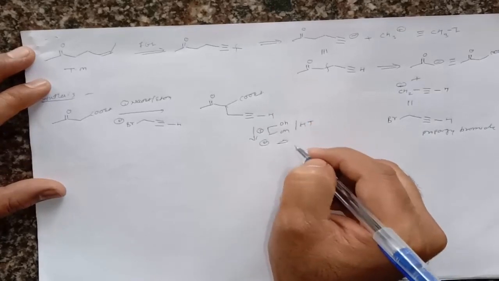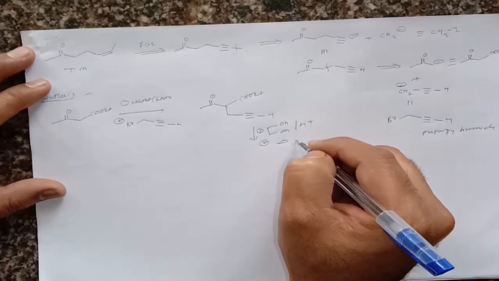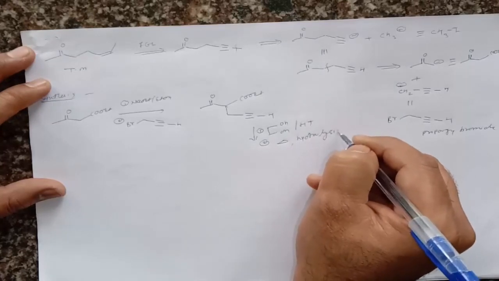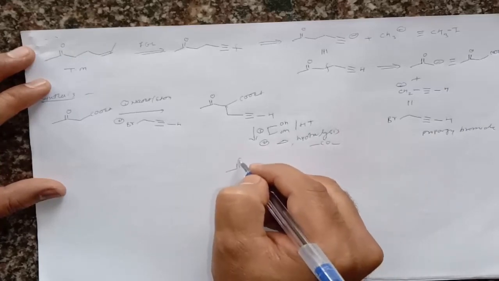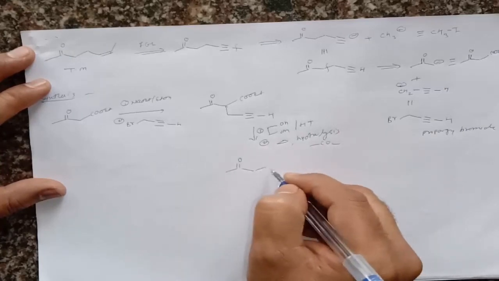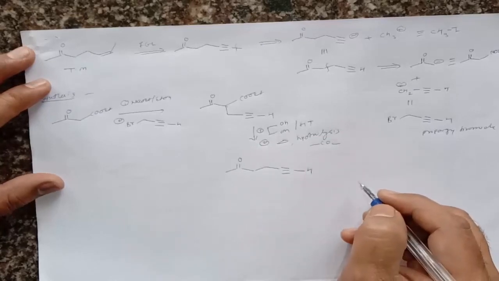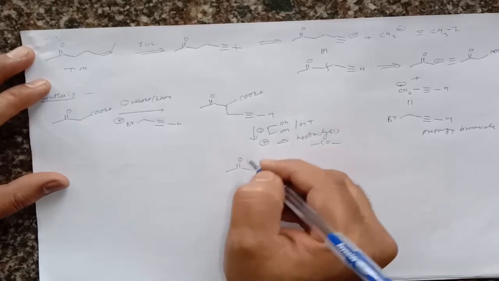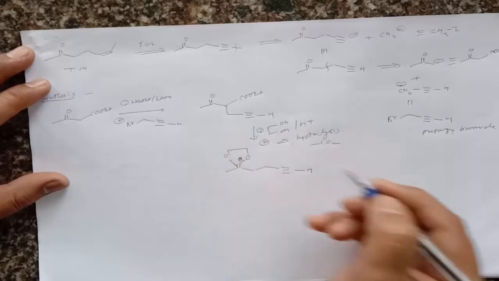That means if we heat this molecule, it will be hydrolyzed, and by the hydrolysis it gives a decarboxylated compound, and therefore it gives a compound like this, that is CH2, then C triple bond CH. So it gives a compound like this. Now we have protected here, so it gives such a type of diol derivative.